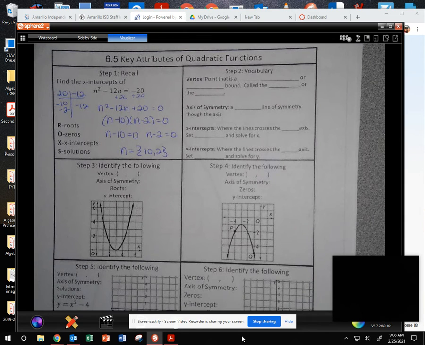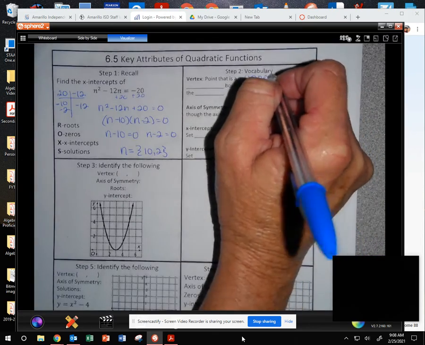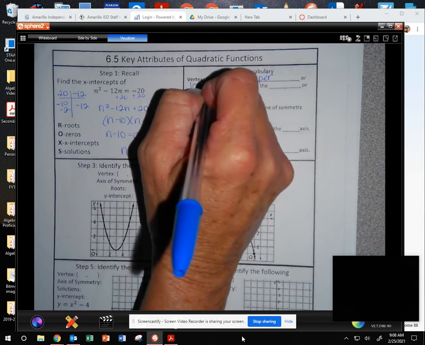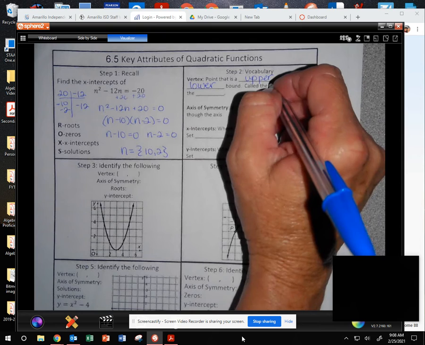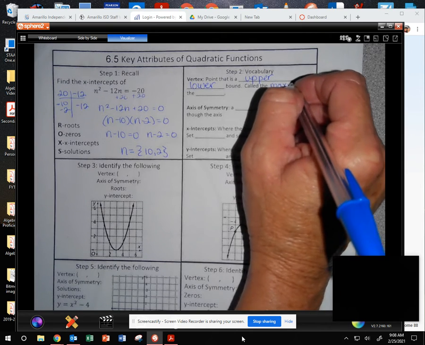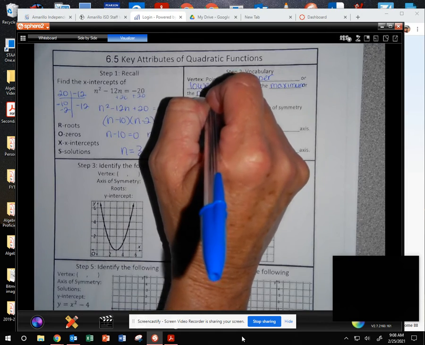A vertex is a point that is upper or lower bound, and typically we don't usually call them that. We call them the maximum or the minimum point.